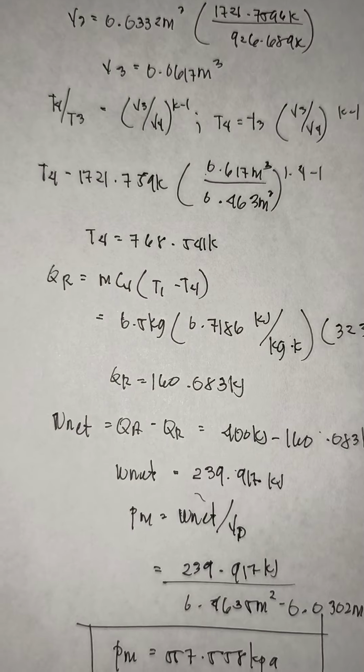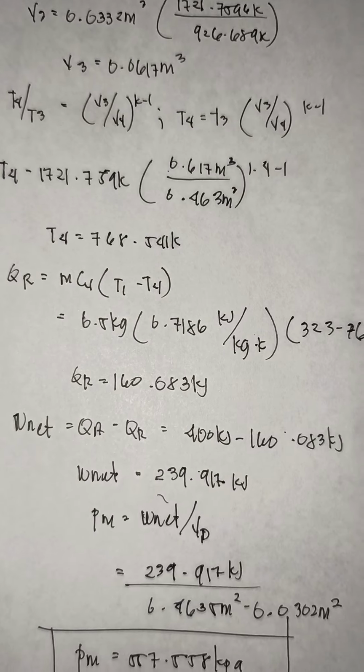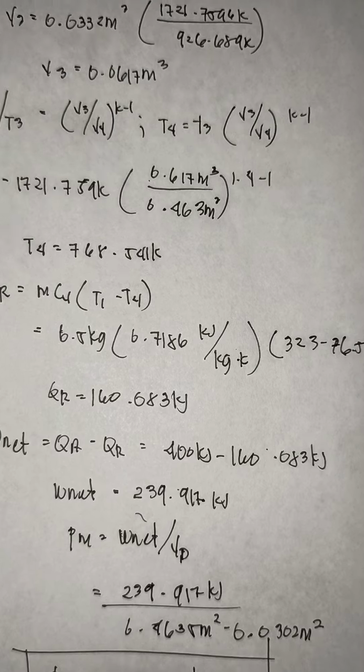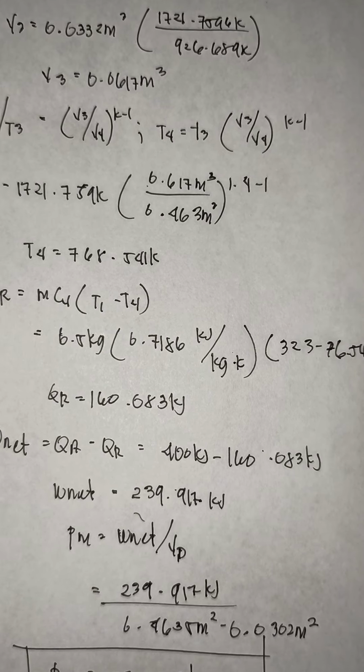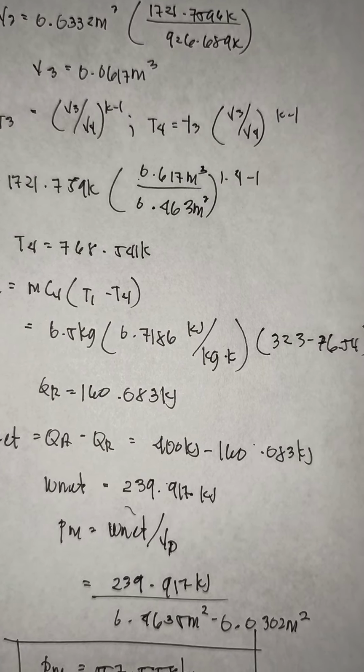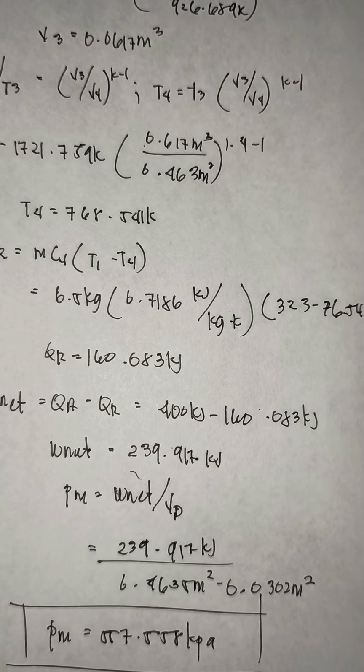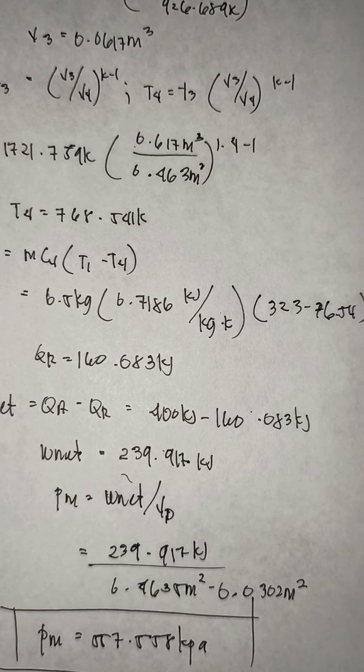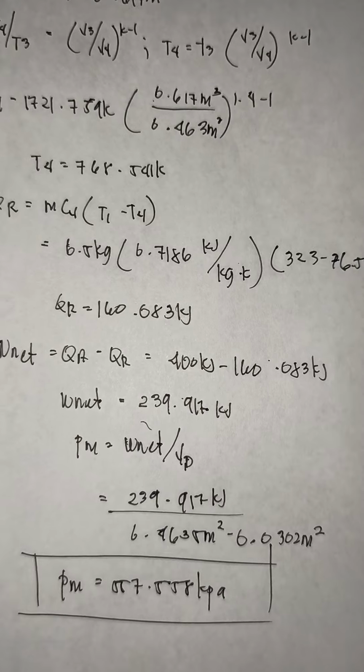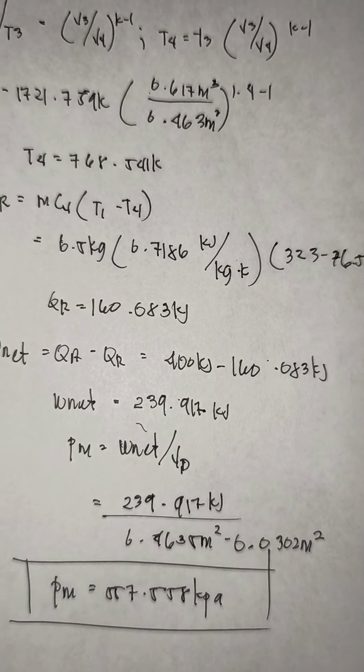For W net, we have QA minus QR. Then substitute, we have 400 kilojoule minus 160.083 kilojoule, so W net equals 239.917 kilojoule. PM equals W net over V_D.